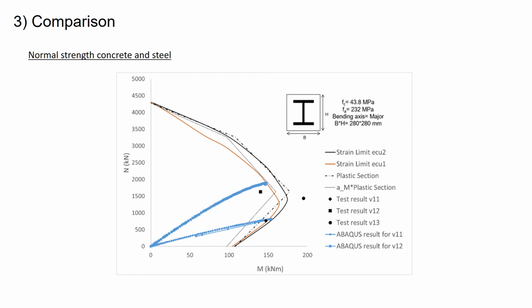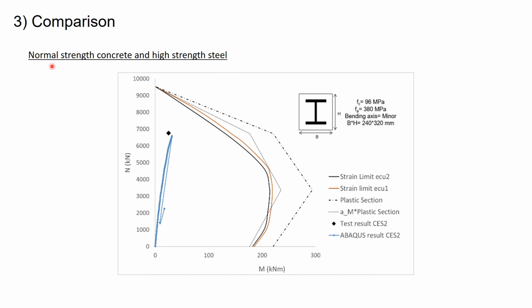And next up is normal strength concrete and high strength steel. Here we're showing only one specimen, which has 96 megapascal concrete failure strength and 380 megapascal steel.